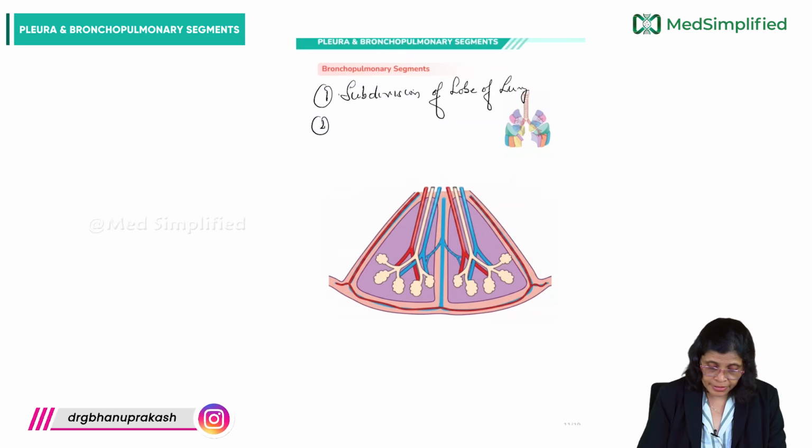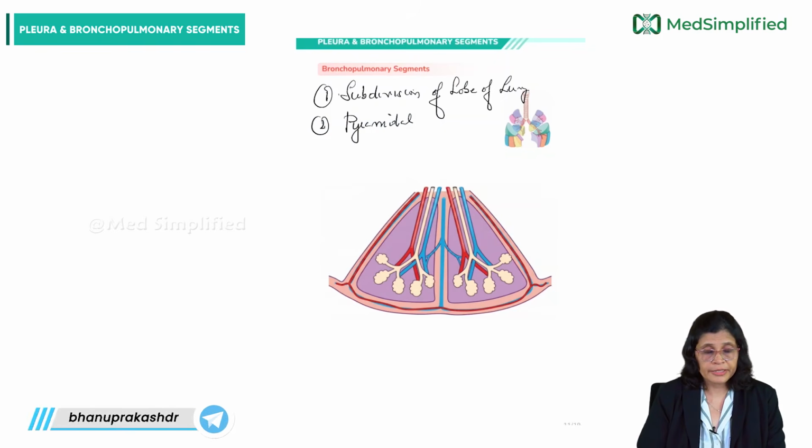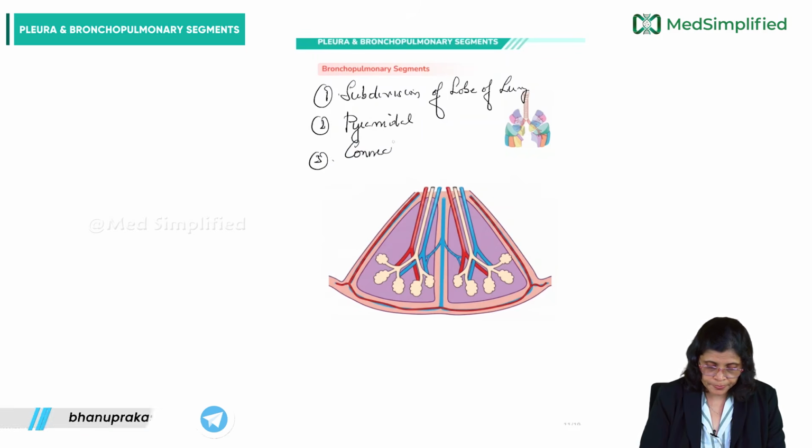Then it is pyramidal in shape, and the apex of the pyramid is directed towards the hilum. Third, it is surrounded by connective tissue. And it is aerated by the tertiary bronchus.